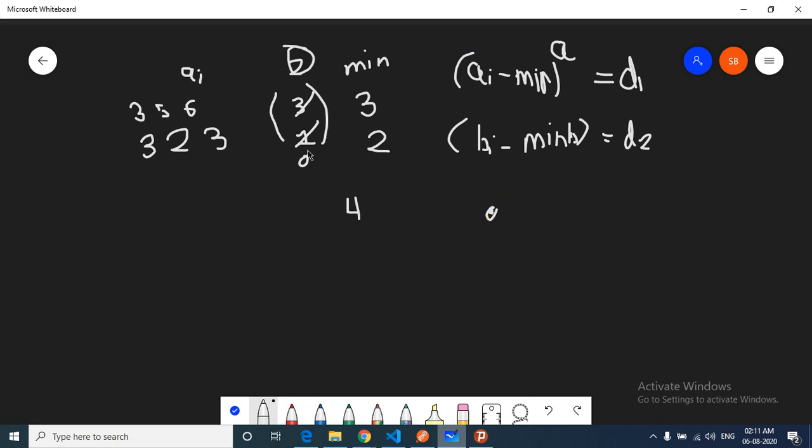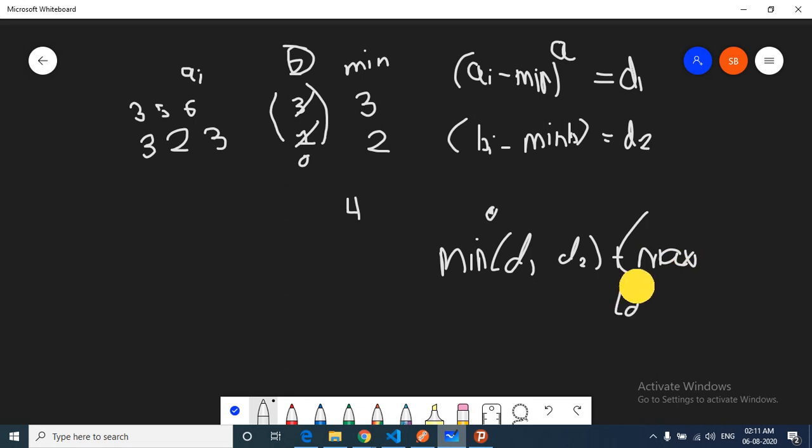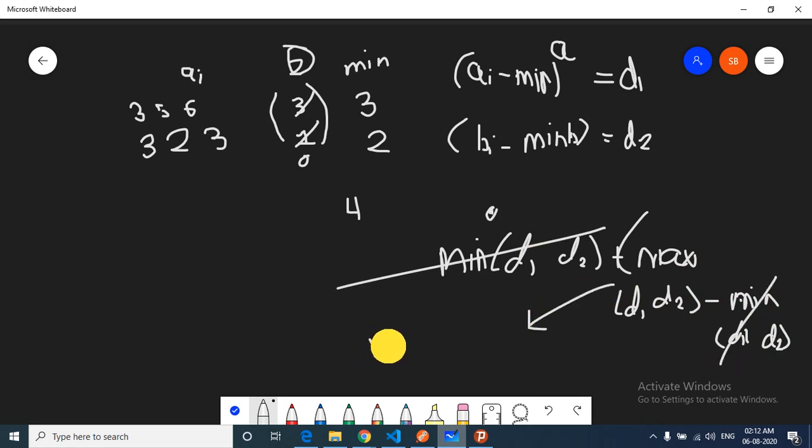Because this is addition and this is minus, the minimum cancels out, and what remains is just the maximum of d1 and d2.